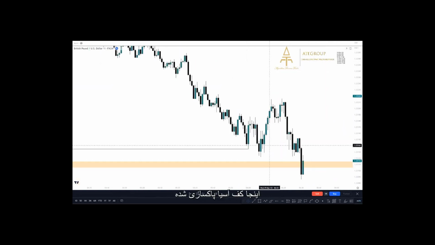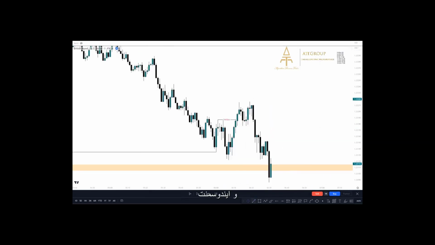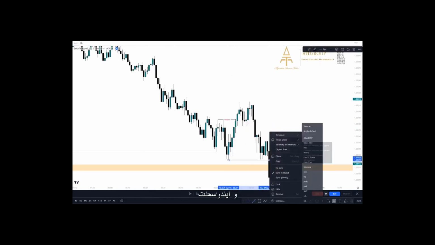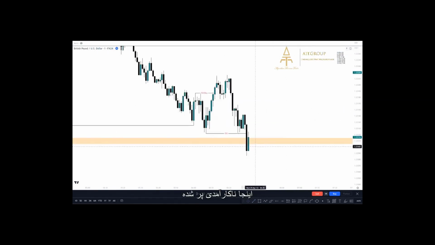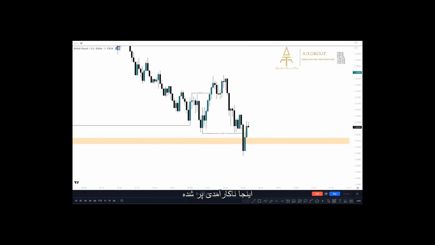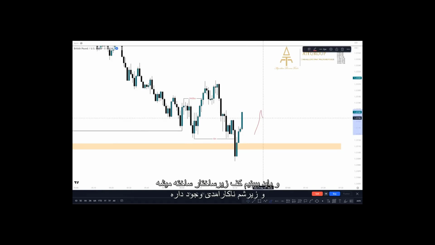So we swept the Asia low. We got fake BOS. We got inducement. We filled the IPA. So now what we need to see? We need to see substructural low being created and IPA below it.